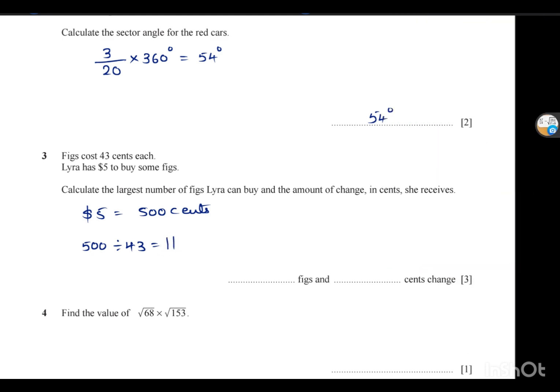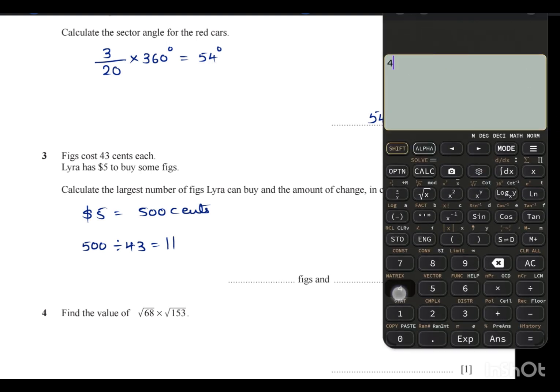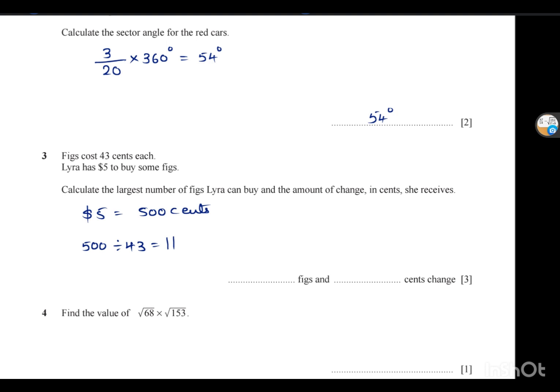Now when you buy 11 figs using 43 cents, 43 into 11, how much amount is spent? 473. So 500 minus 473 is 27 cents she gets back. So the number of figs is 11 figs and 27 cents change she gets back.